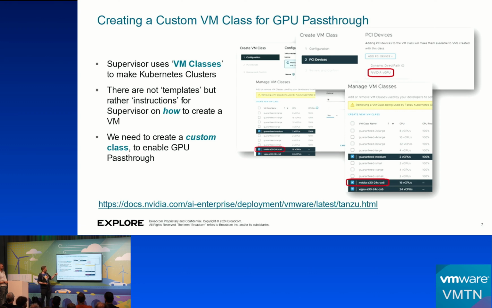We need to create a custom configuration, which they call a VM class, that enables the GPU pass-through, and then we can use that as the basis to build our Kubernetes cluster. These VMs are called nodes in Kubernetes, and they have GPU pass-through enabled. That's really the only thing we need to do on the infrastructure level, except obviously ESX and the driver, but Johan will talk about that.